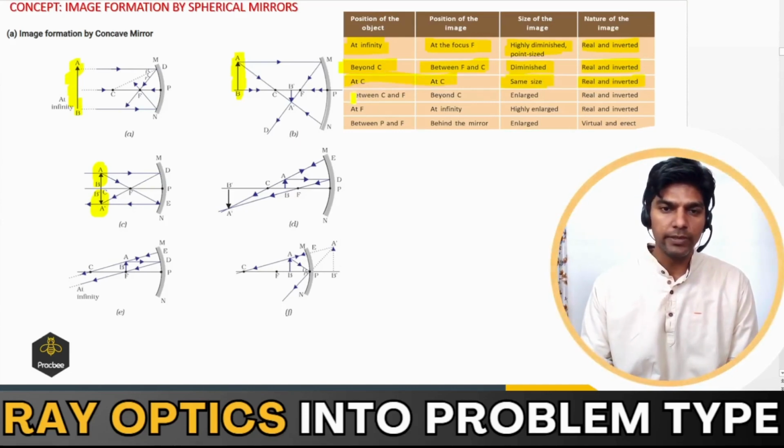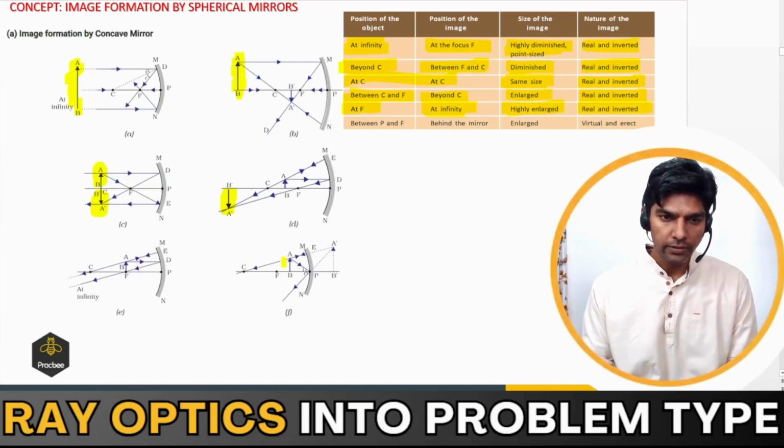Now if the object is placed between the center of curvature and the focus, then the image will be formed beyond C, and it will be enlarged, real and inverted. Can you see? It is real and inverted, and it will be beyond C. And if the object is placed at the focus, then the image will be at infinity, and it is a highly enlarged image, and again it will be real and inverted.